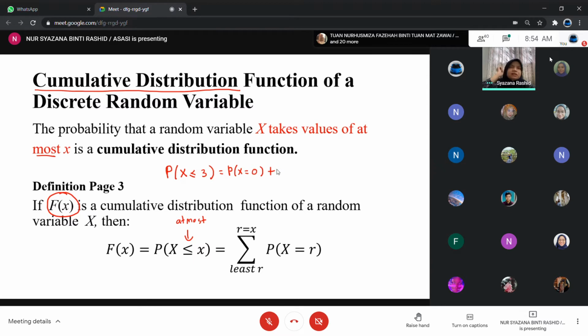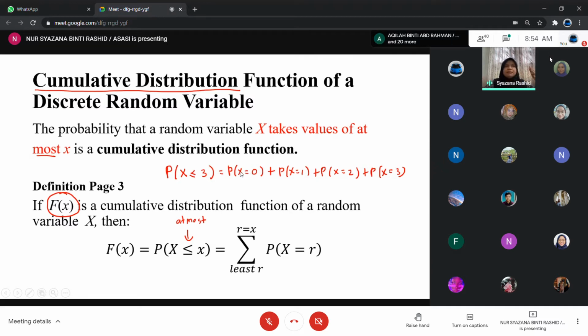So dia consider 0, 1, 2, 3. So probability of x0 plus probability of x1 plus probability of x2 plus probability of x3. Okay, kalau at most 2 sampai 2 ni je lah. Kalau at most 1 sampai 1. Kalau at most 0, 0 je lah. Sebelum 0 tak ada kan. So yang ni saja. Okay, ni maksud dia cumulative distribution.